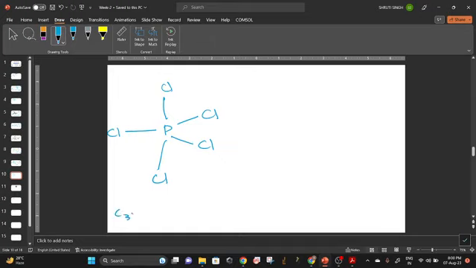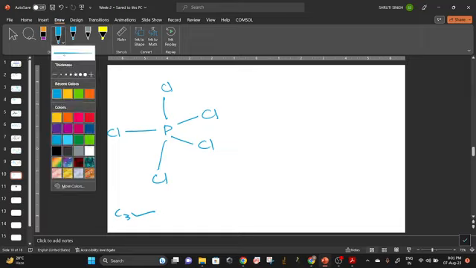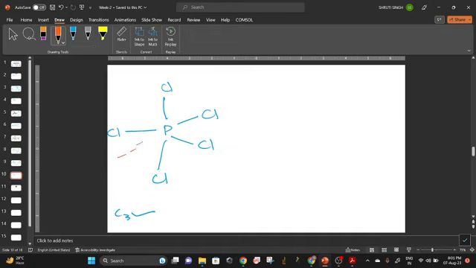Where is C2? It is passing through the equatorial PCl bond and bisecting the other two equatorial bonds. Yes, like this.